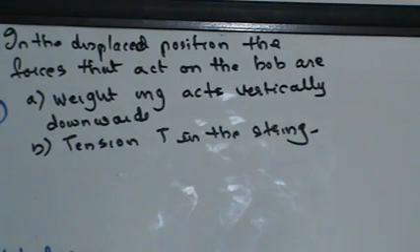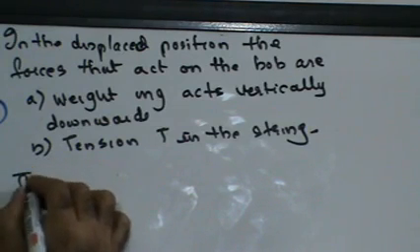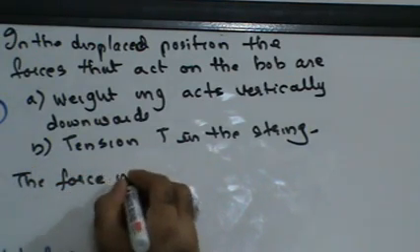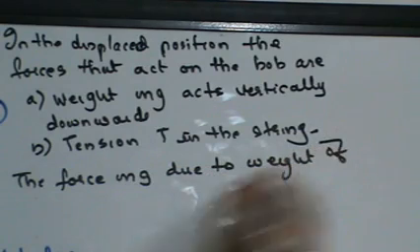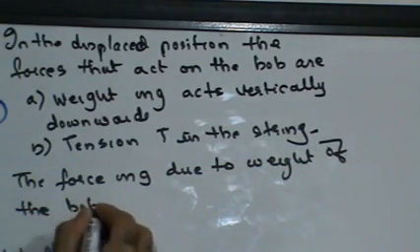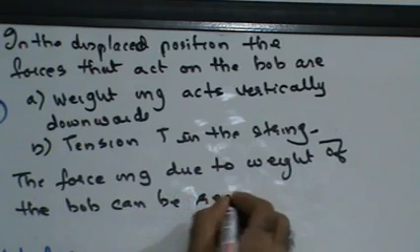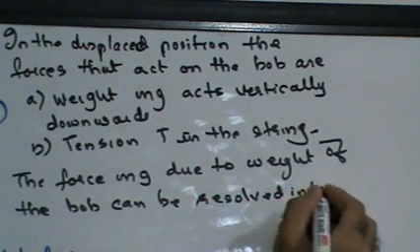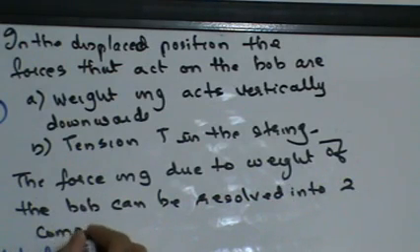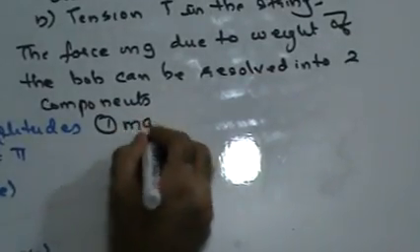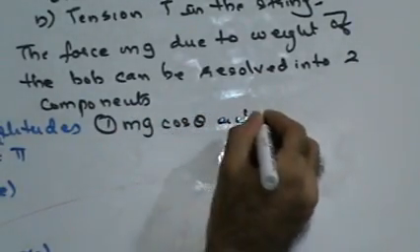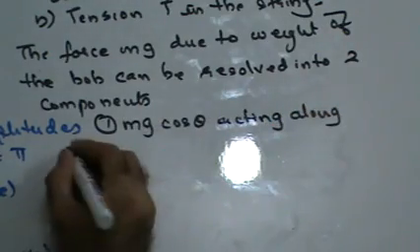Right? Now I can say that the force mg due to the weight of the bob can be resolved into two components. First, mg cos theta acting along the string.